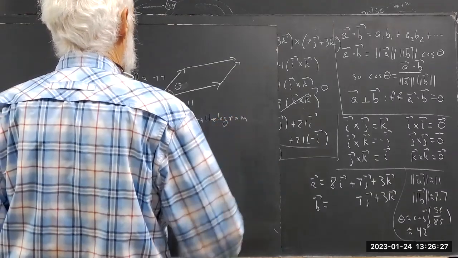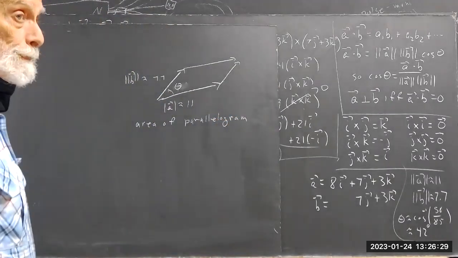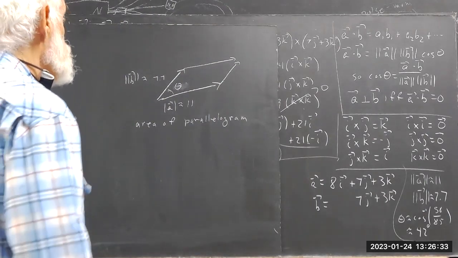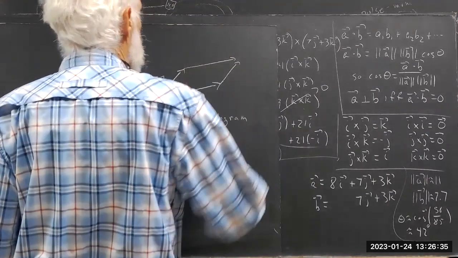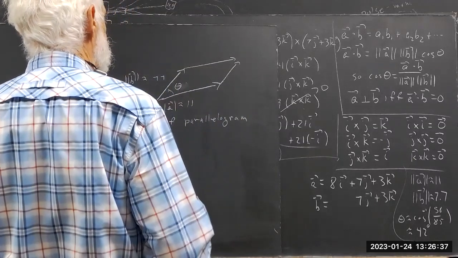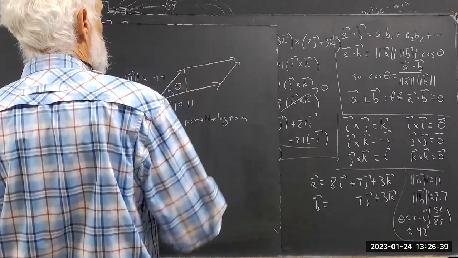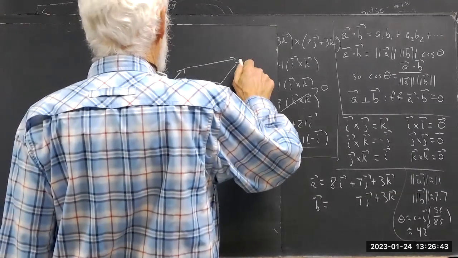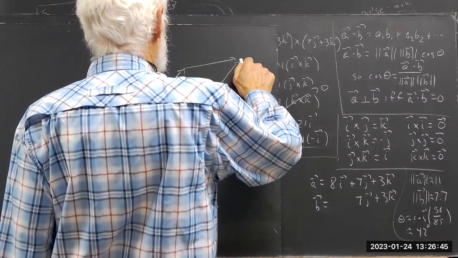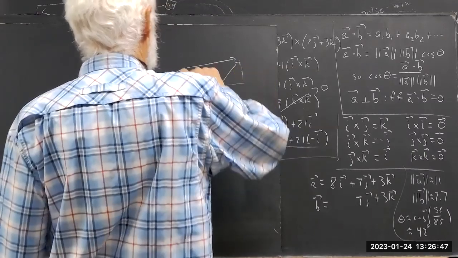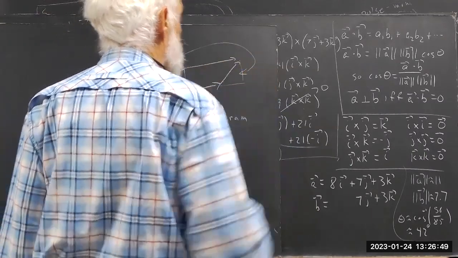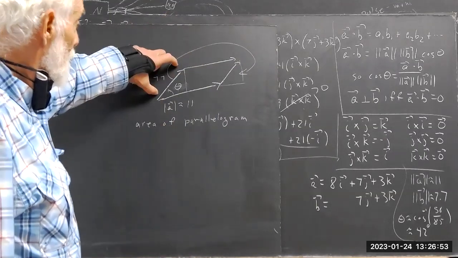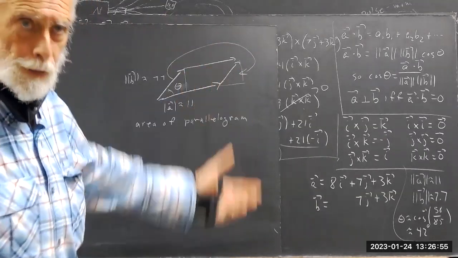Now, I don't know what you know about the area of a parallelogram, but I bet you don't know what I'm going to tell you. I want the area of this parallelogram. I'm just going to chop off this triangle right here and put it over here. It fits, all the angles work, the magnitudes. This has the same length as this, I'd have drawn it that way.